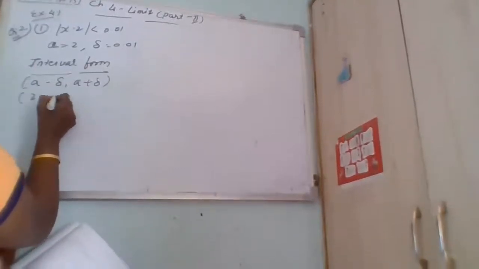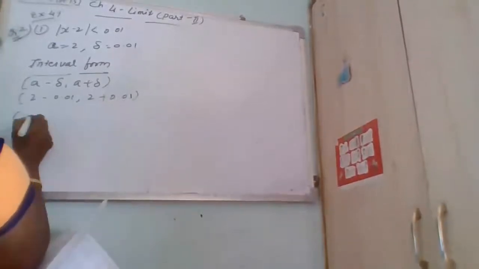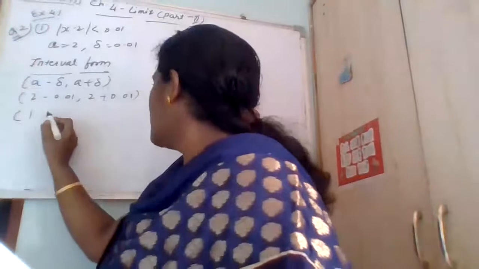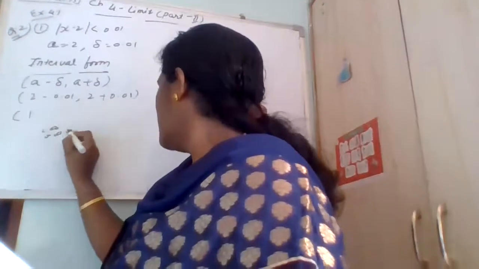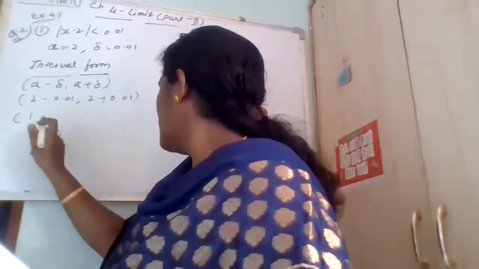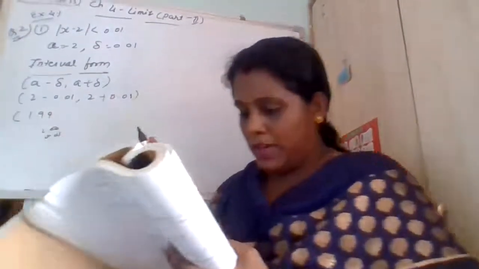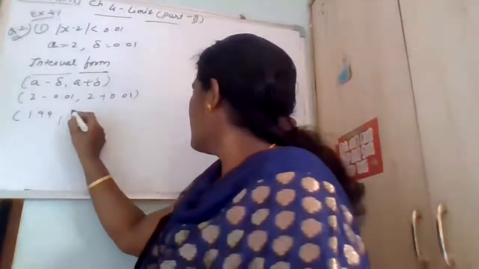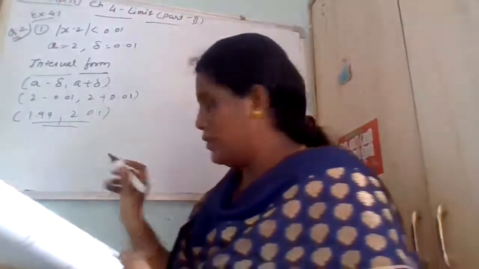Here a is 2, so 2 minus 0.01 and 2 plus 0.01, that comes to 1.99 and 2.01, right? Now the neighborhood form.